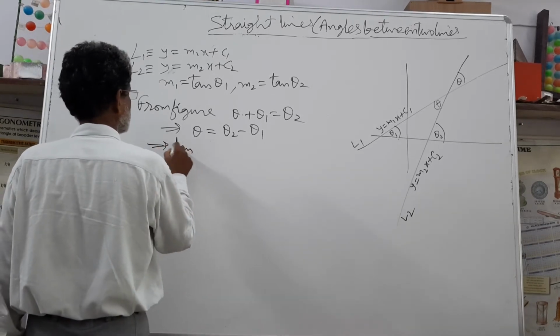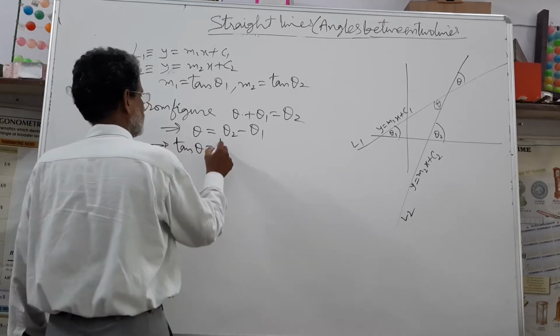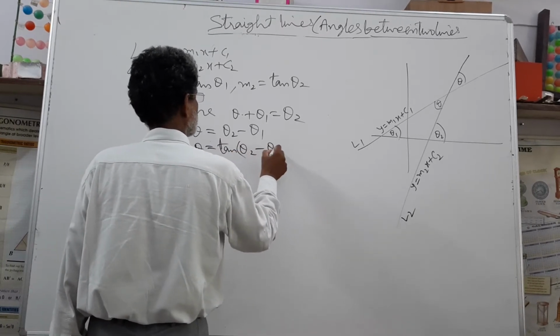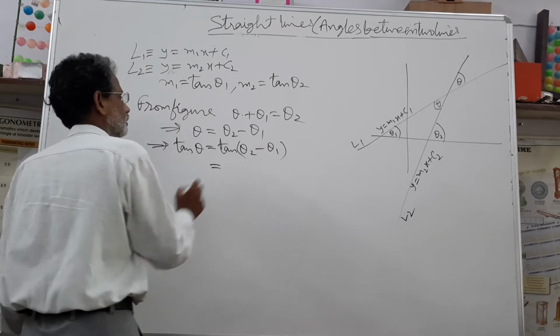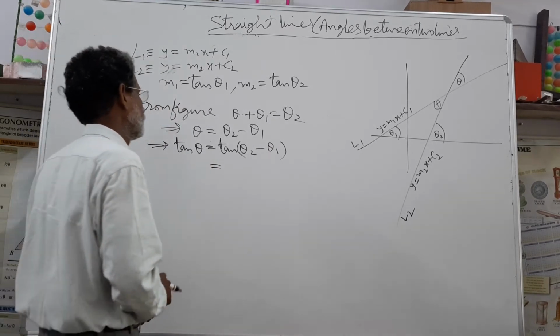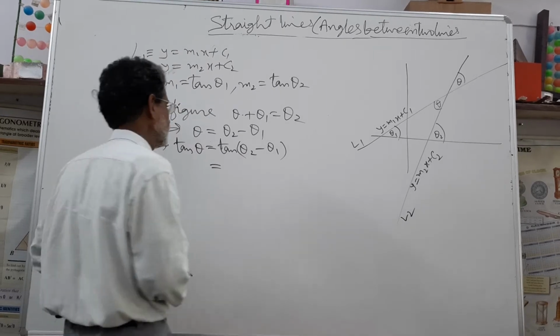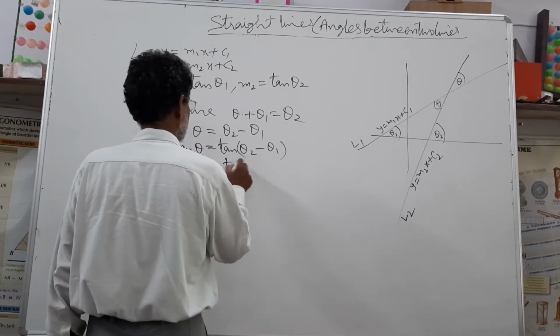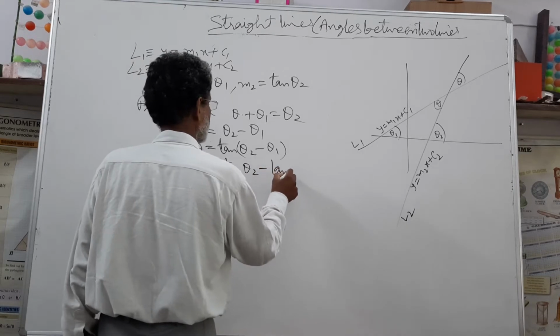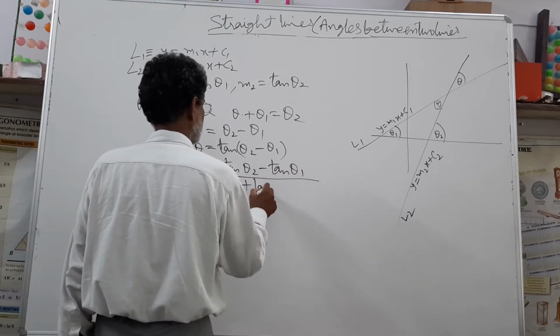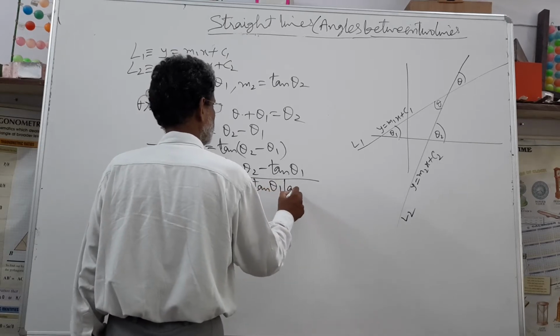This implies tan theta is equal to tan of theta 2 minus theta 1, which, applying the formula studied in the trigonometry chapter, is tan theta 2 minus tan theta 1 upon 1 plus tan theta 1 tan theta 2.